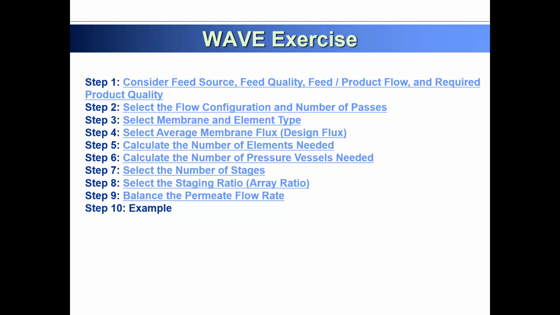So you can select which you like, depending on your preference, and select average membrane flux. Yesterday we talked about membrane flux. LMH is very important: liters per square meter of the membrane surface per hour. So in 1 hour, how much water will be produced with 1 square meter? So we select average membrane flux and calculate the number of elements needed.